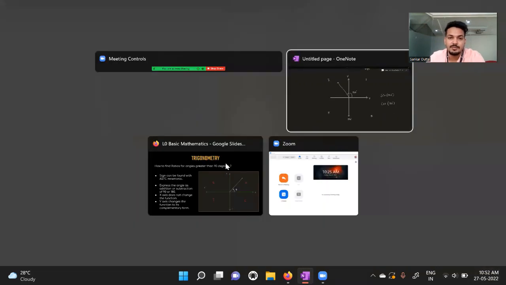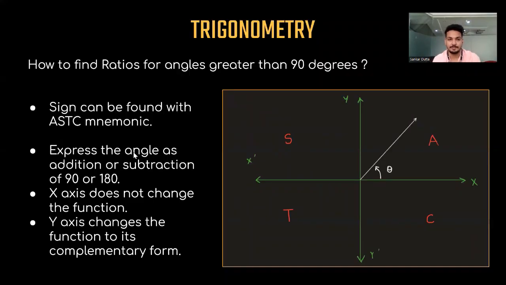So there are a few steps that you need to remember. When I try to find out the value of a trigonometric ratio like sine 120 degree, there are two things that I need to find out. What is the algebraic sign of that value, right? And second, what is the magnitude of this value?